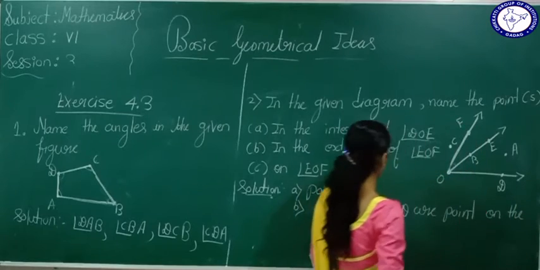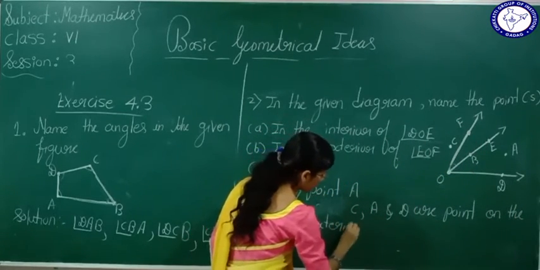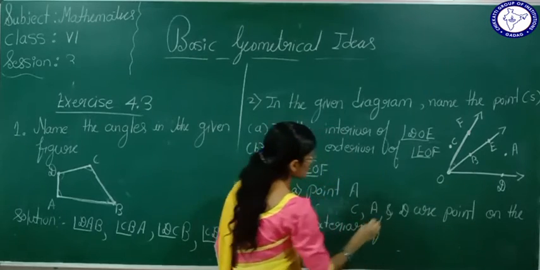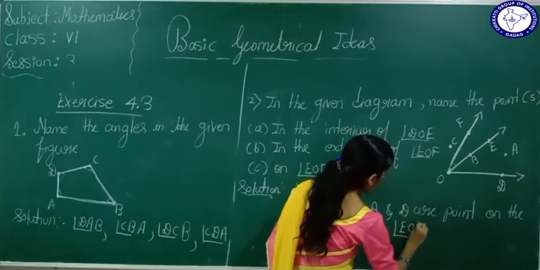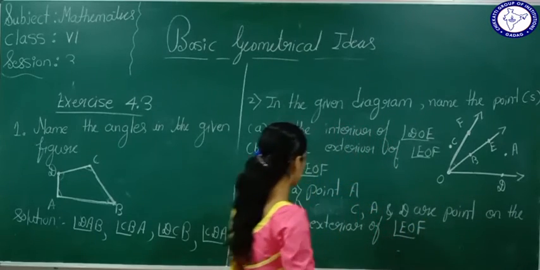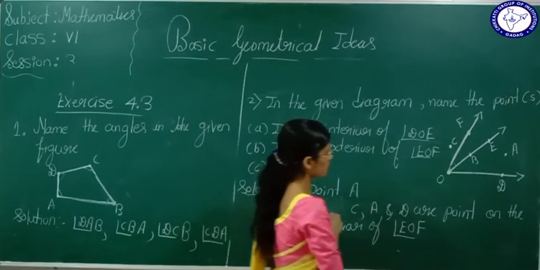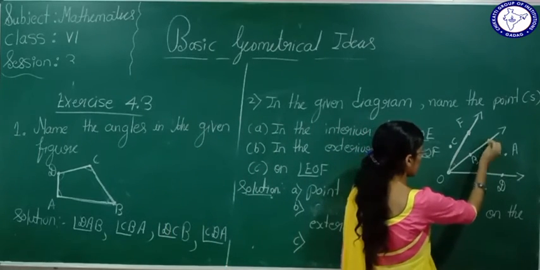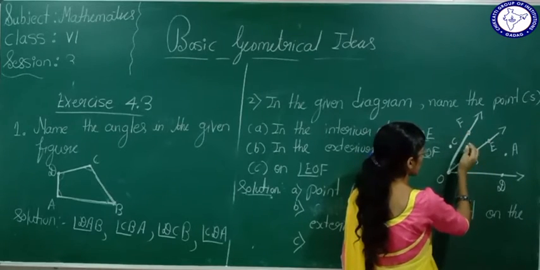Points C, A and D are on the exterior of angle EOF. Okay. So now see, on angle EOF, which are the points here?